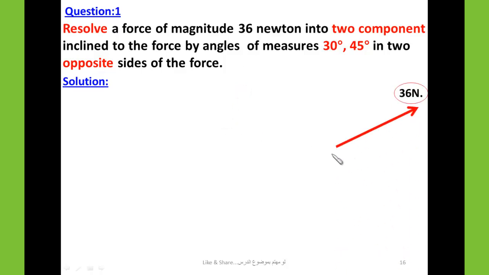We have here the force of magnitude 36 Newton, and F1 and F2 on two different sides of it, and theta 1 equals 30, theta 2 equals 45.